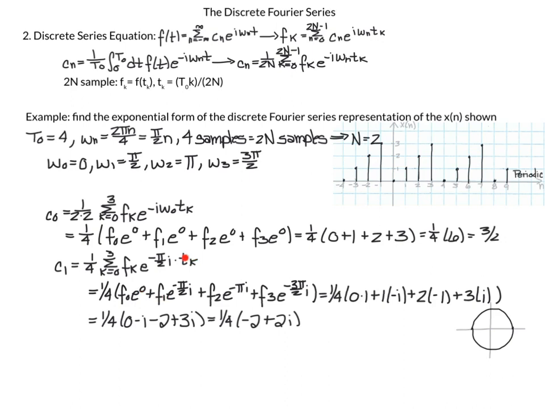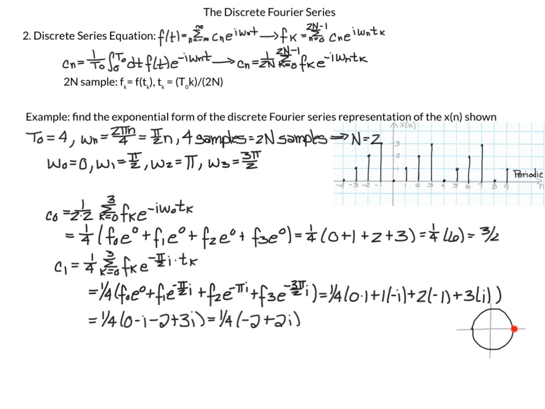Now t1 is equal to 1, so I'm left with e to the minus pi over 2 i, plus, for k equals 2, I have f2, my second time interval is at t equals 2, so that's going to leave me minus pi i, plus f3 for k equals 3, f3 e to the minus 3 pi i over 2. So I have 1/4, my f0 is 0, my f1 is 1, e to the minus pi over 2 i. So here I have my unit circle.